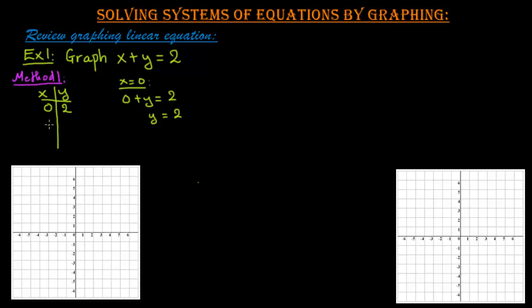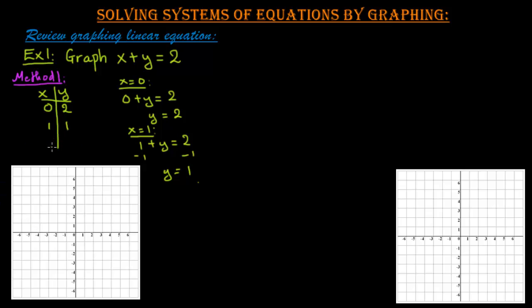Let's say I choose the next x value as 1. When x equals 1, we have 1 plus y equal to 2, and we isolate y by subtracting 1 on both sides. You will have y equal to 1. So the second point is (1, 1).